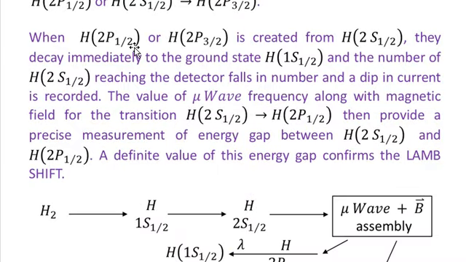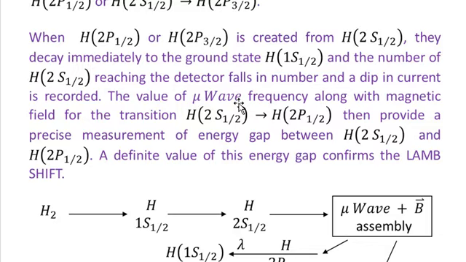When H 2p1/2 or H 2p3/2 is created from H 2s1/2, they decay immediately to the ground state H 1s1/2. That is, the p1/2 and p3/2 levels can decay to the ground hydrogen state, 1s1/2, and the number of 2s1/2 atoms reaching the detector falls, and a dip in current is recorded.